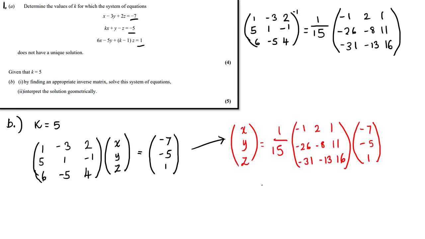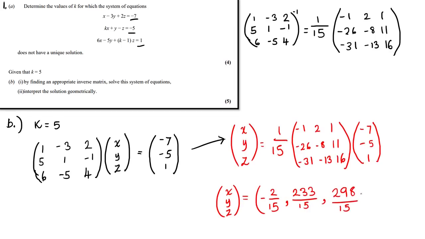And if you do this correctly, what you should get for our values for x, y, and z, our solutions, is minus 2 over 15, 233 over 15, and finally 298 over 15 there. Okay, and that's our solution there to part B, or part 1 of B.